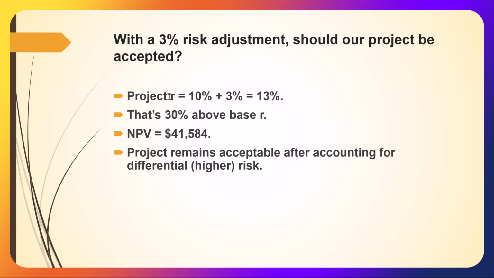If the project's required return was 10%, because it's high risk, we add 3%. That gives us a 13% required return. Again, that's 30% above our base. That means our net present value should be around $41,584. The project remains acceptable after accounting for the differential on this higher risk.